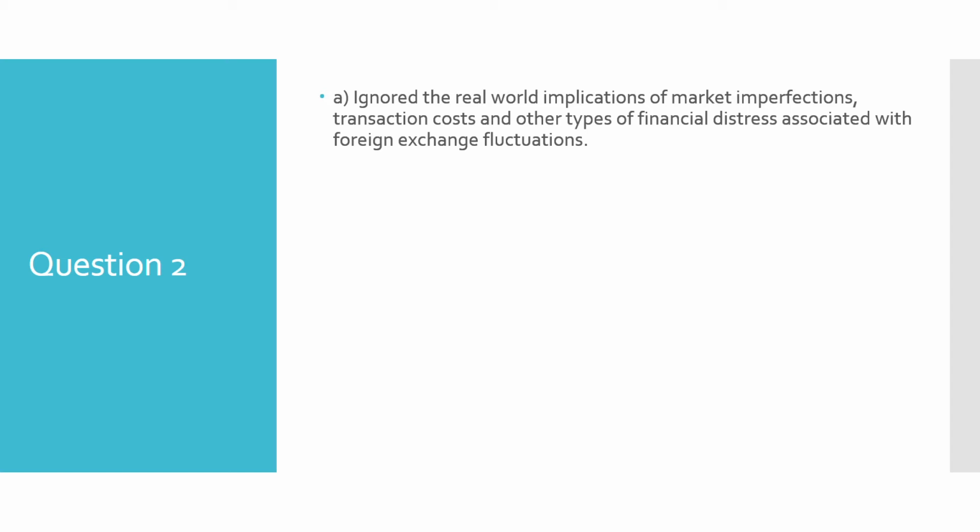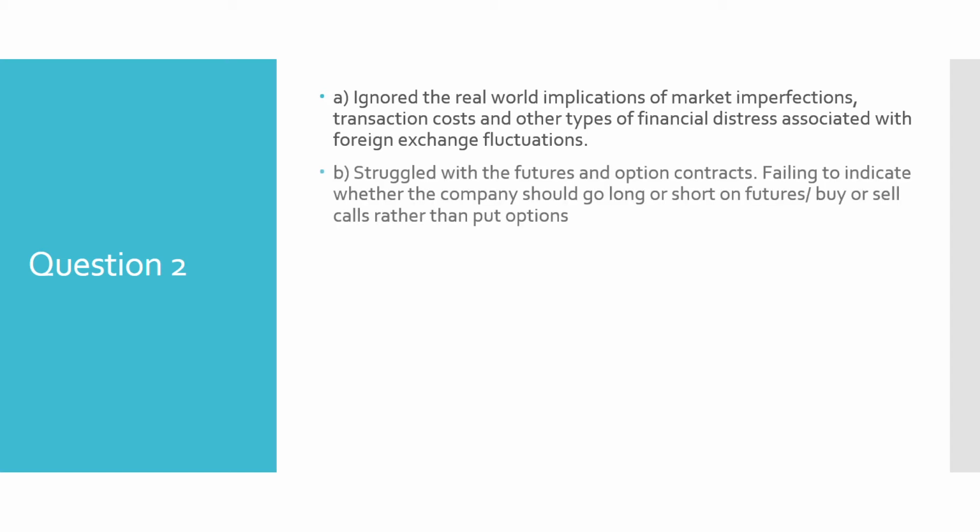Then let's go to part B of question 2. In part B, you have to calculate under forward, futures and options and recommend which one is the best strategy. Here most of the candidates correctly did the forward, but when it came to futures and options, they struggled.